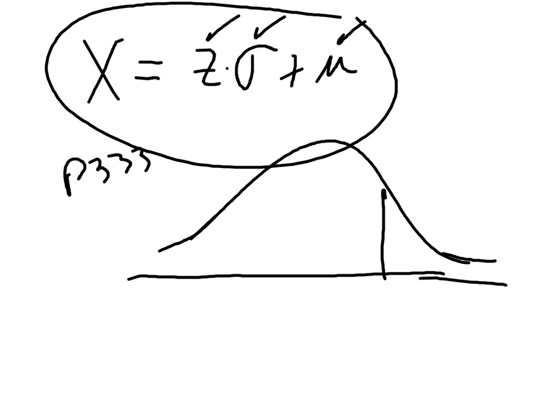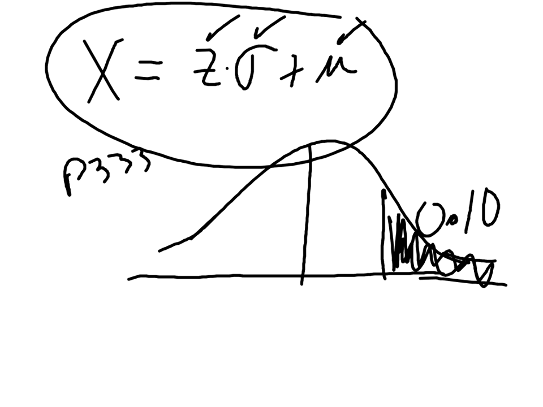they're talking about this area right here, where 10% of the area, obviously that's the top 10%, because this would be where the mean is, smack in the middle, and the other 90%, if the top 10% is what we're interested in, then the other 90% would be to the left of this 10% here.